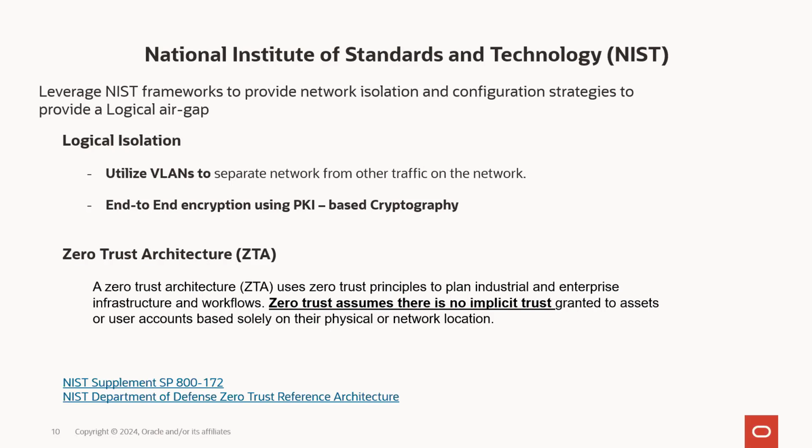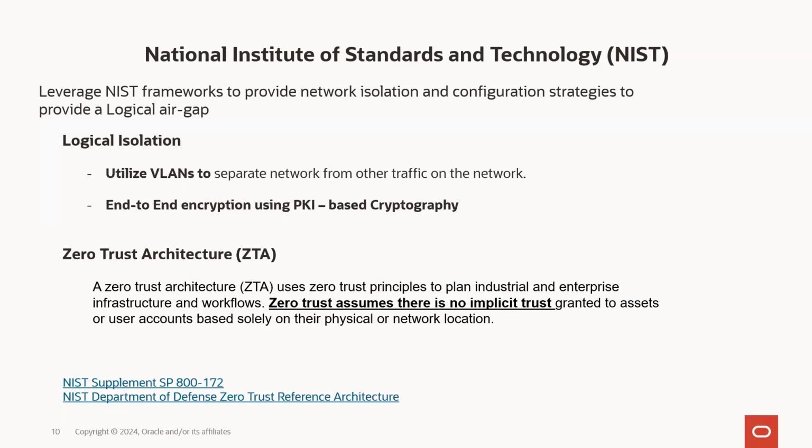The other big piece of it is zero trust architecture. That's the idea that there is no implicit trust, everything has to be checked, and access has to be granted. It puts a high level of protection on the systems and the backups to ensure that they remain untouched.